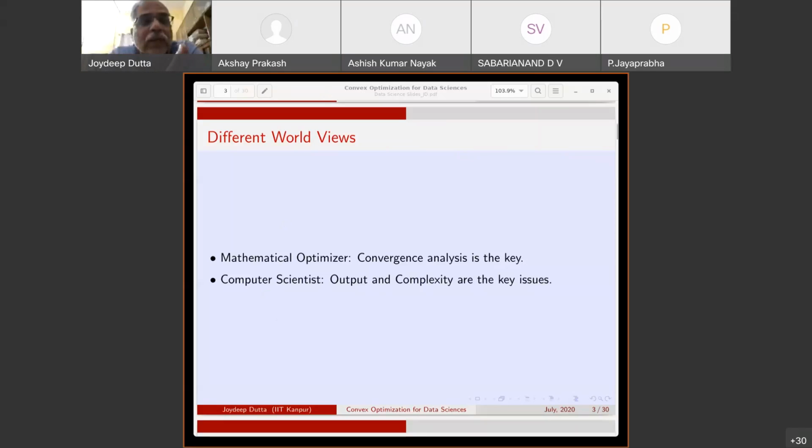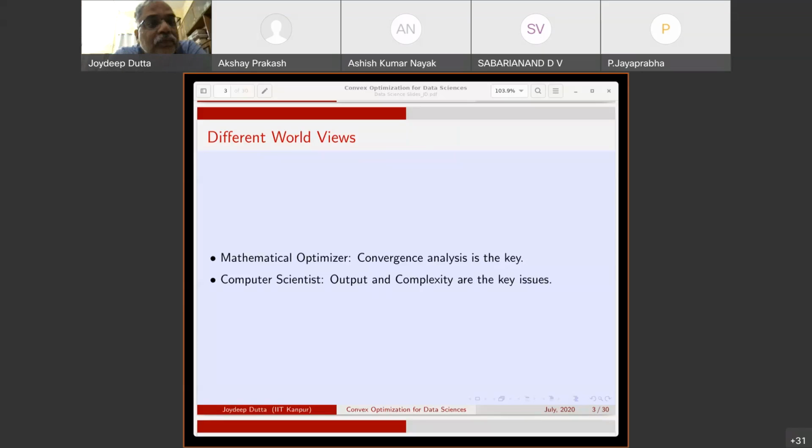We have to go fast to some solution which will approximately solve the problem. That is, given a precision level of approximation epsilon, find an x such that f of x is less than or equal to the actual minimum value f star plus that epsilon.